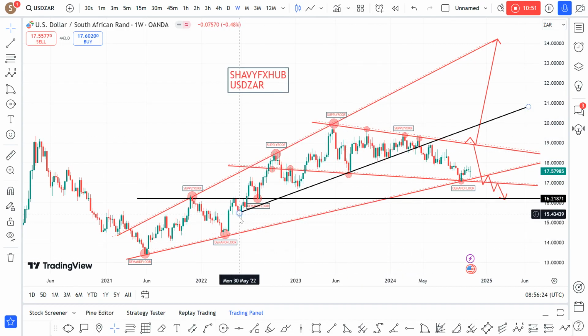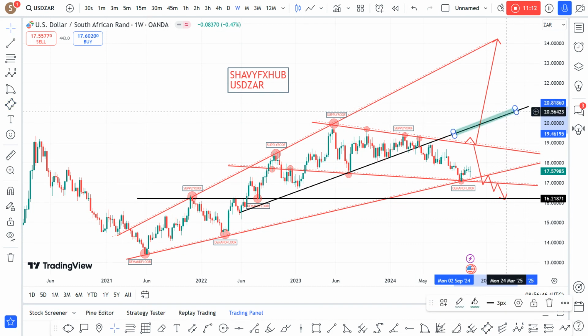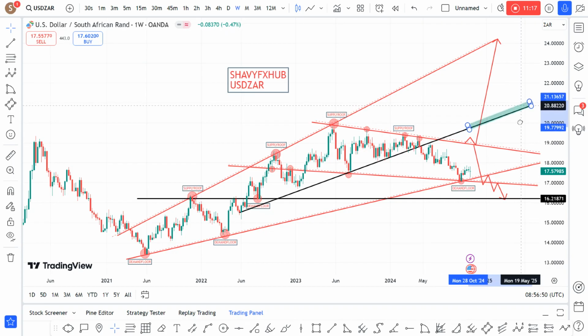So if price breaks out from the supply roof, there is a higher probability that South African rand will find resistance at this level. A very high probability.